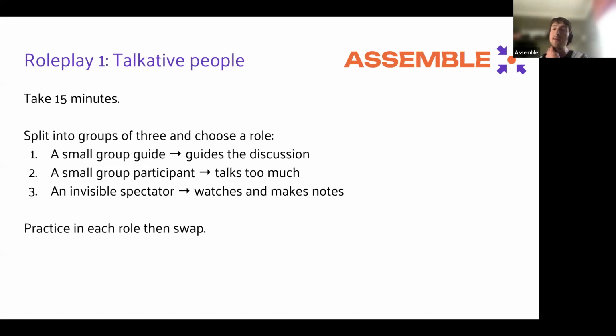And then you can finish this activity. So if you pause this video once again, take 15 minutes, so that's 5 minutes each to practice. You might get a couple more turns if you're lucky. And then you can come back.